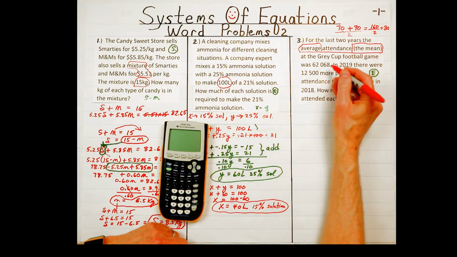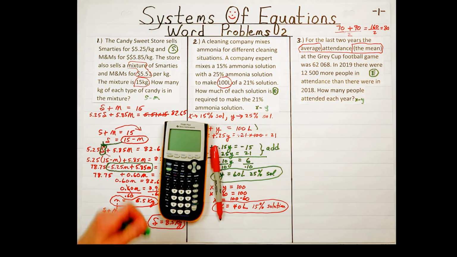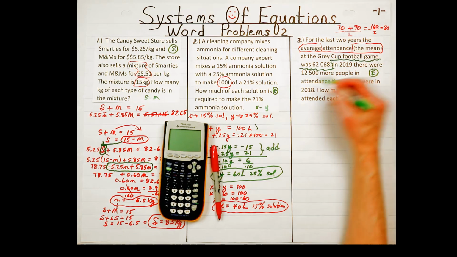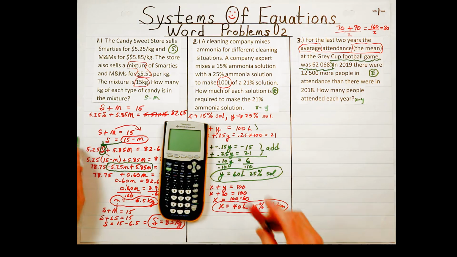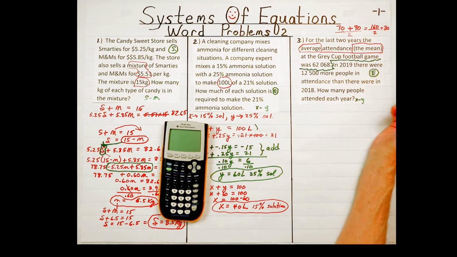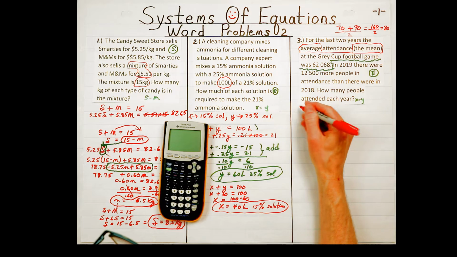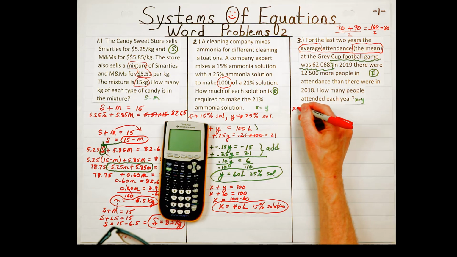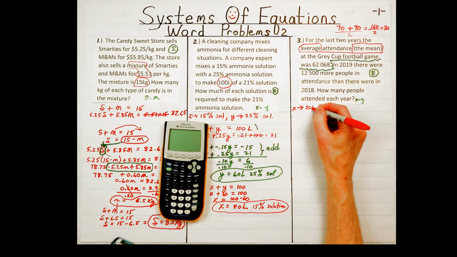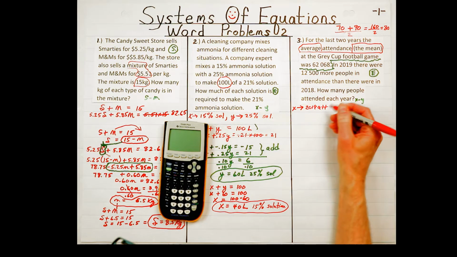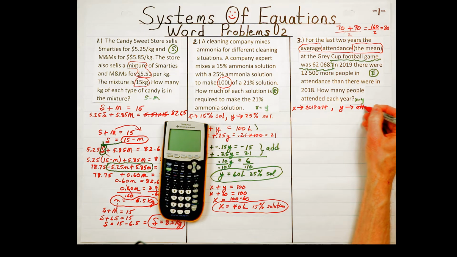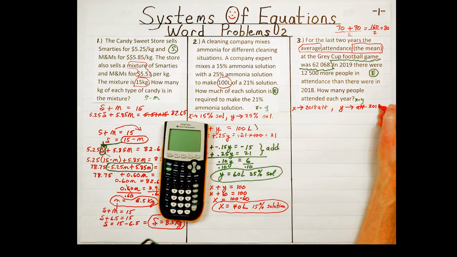So, I'm going to use another color here. The first equation we get is above the green wavy line that I just wrote there. So how are we going to write that? Well, first, let's say that X will be attendance for 2019, and Y will be attendance for 2018.